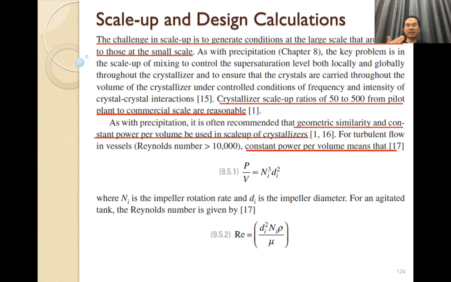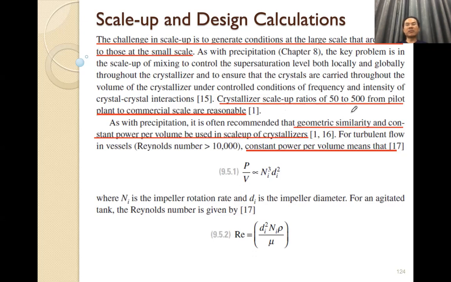We call it the geometry similarity. Mostly in the crystallizer scale up is about 50 to 500 fraction from the lab to the pilot scale or industrial scale.